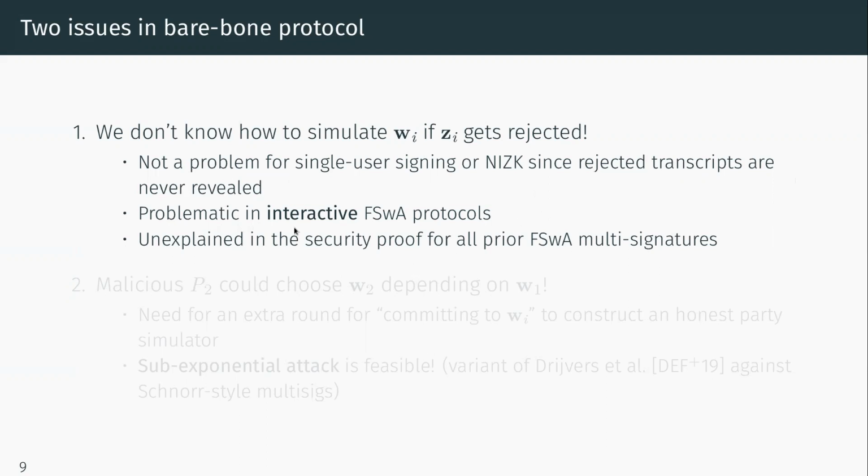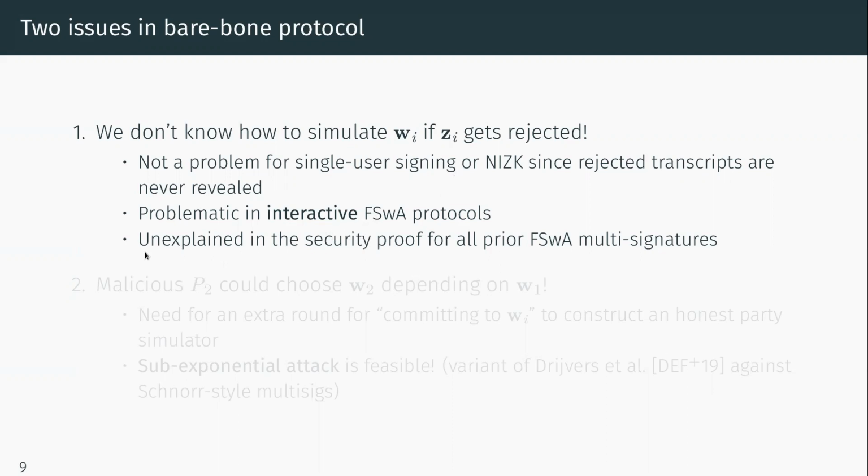This becomes problematic in the interactive setting. However, as you mentioned, you can send a commitment to the first W, and only reveal the W when rejection sampling passes.